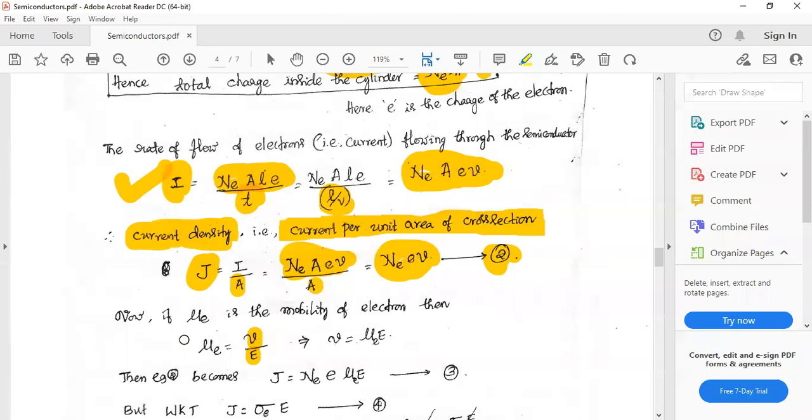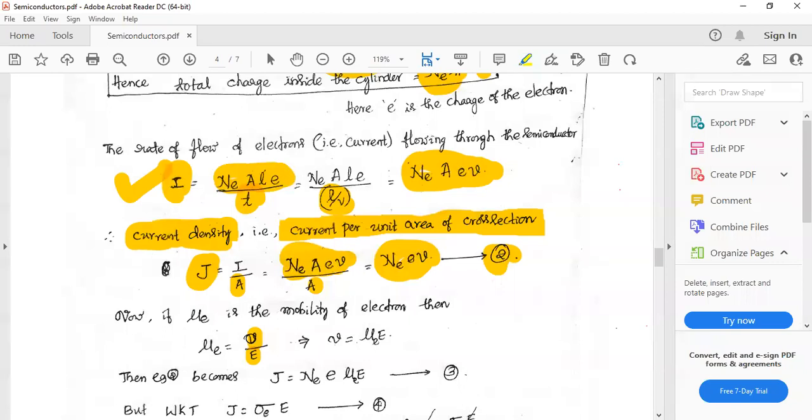You can see mobility is directly proportional to velocity, but inversely proportional to electric field. If the electron is moving with a brisk speed at a very small applied electric field, then its mobility is good.